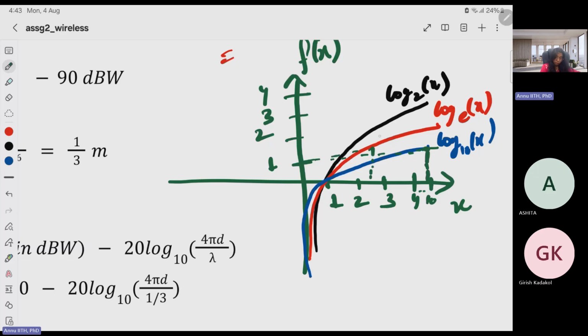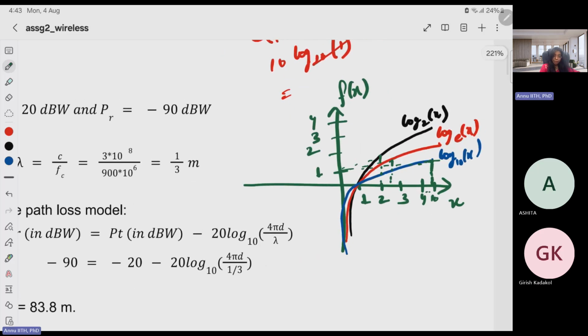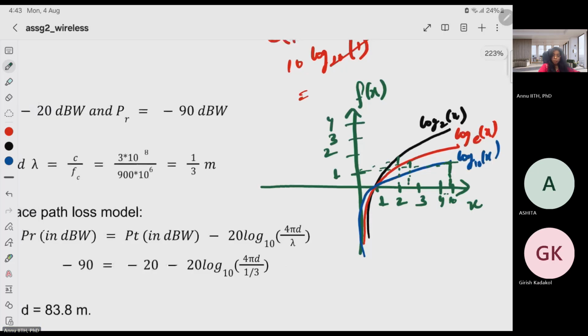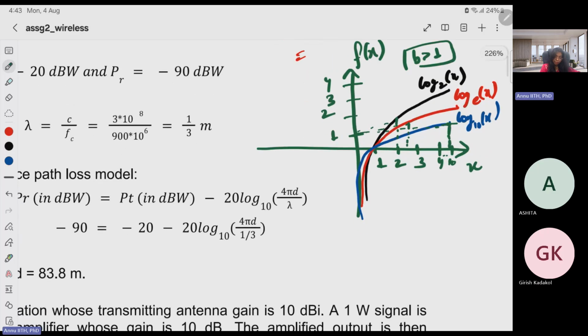Log of 2 base 2 is 1 here. Whenever we have it like this, this is an increasing function, right? When it is increasing, the base is greater than 1. So what if the base is less than 1? It will look like this.